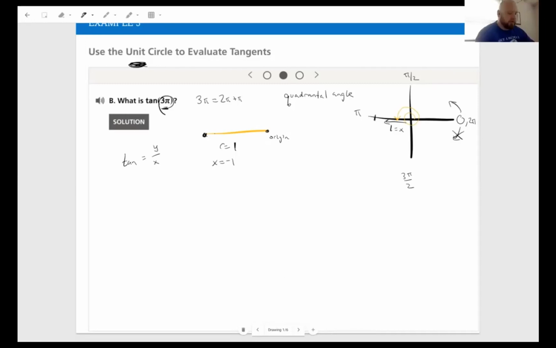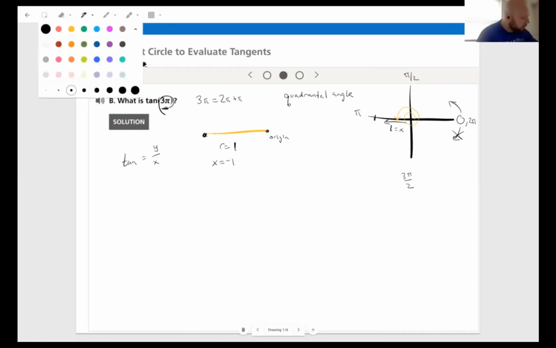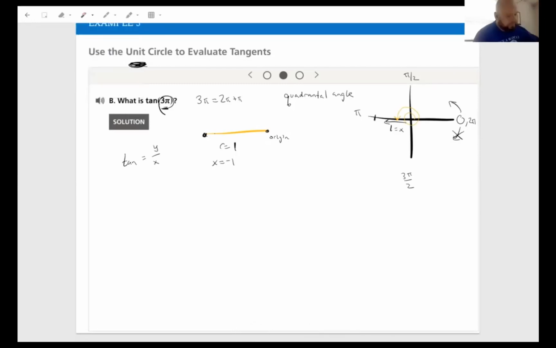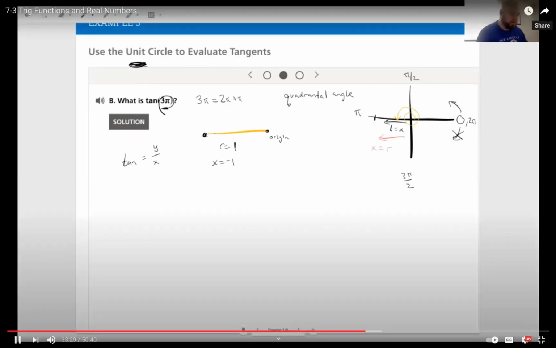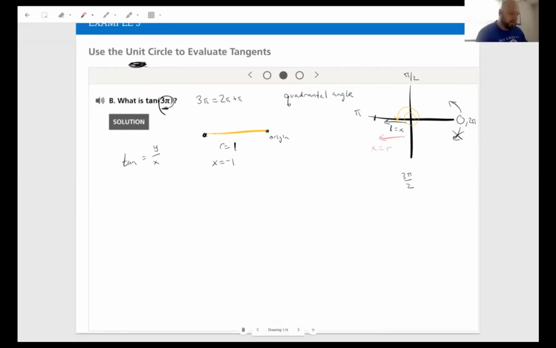If you are off to the left, then the x value is going to equal the r value in terms of the magnitude. But obviously, because you moved left, the x value is negative, even though the radius is positive, because the radius is just the distance that you move. So the radius is 1, but the x value also includes the sign, the direction.